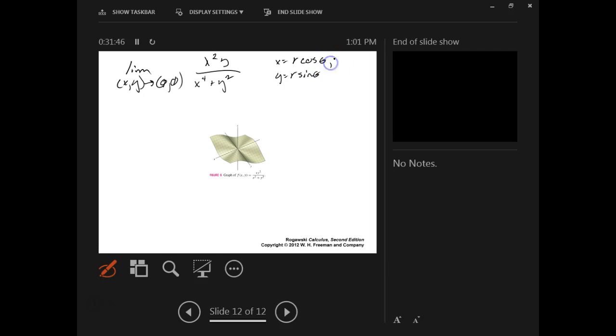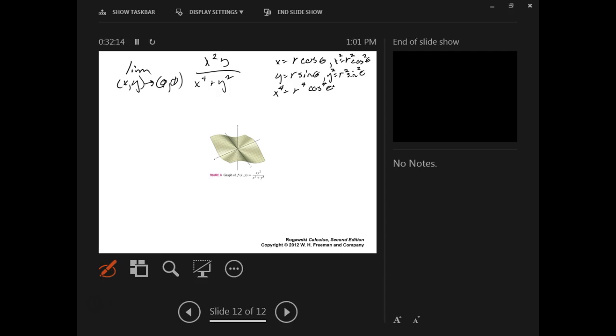So x squared would be r squared cosine squared theta, y squared would be r squared sine squared theta. But you have an x to the fourth. X to the fourth would be r to the fourth cosine fourth theta. Uh-oh, that may be a problem.